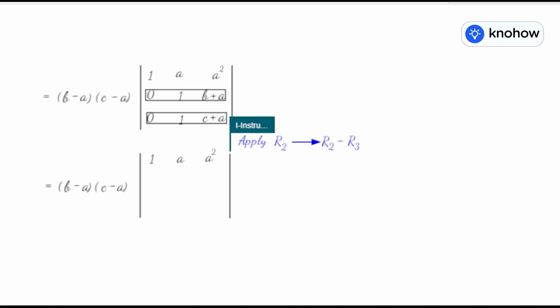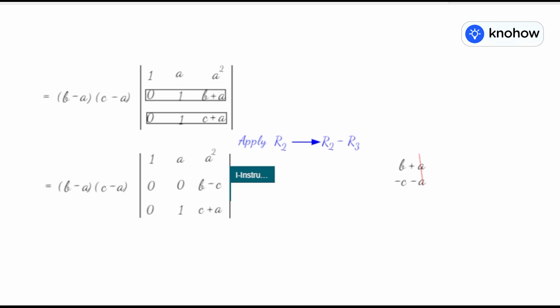R2 minus R3 gives you 0, 0, and b plus a. See, you have b plus a and minus c plus a means minus c minus a. So a will cancel and you will be left with b minus c, the third element of the second row, and of course keeping 0, 1 and c plus a the same.